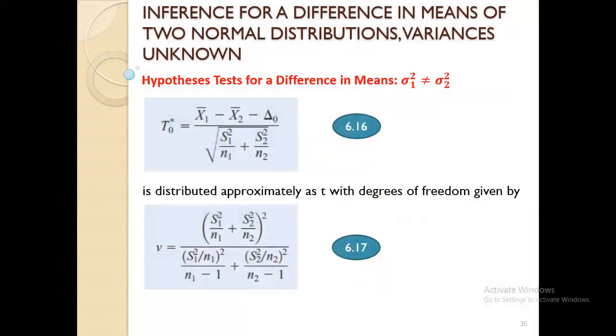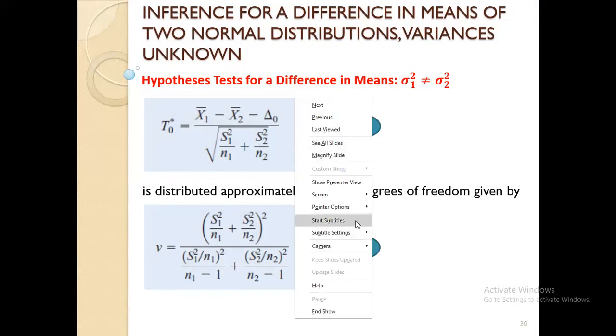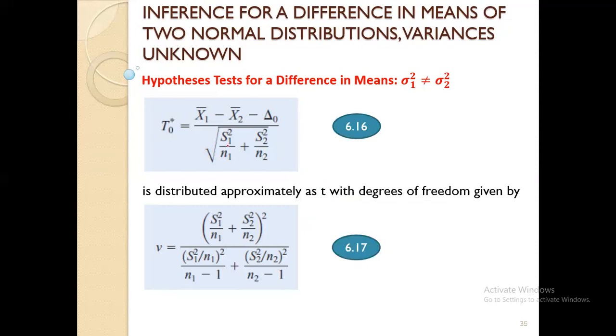And if variance is not equal, right? Usually it's equal. If variance is not equal, the t statistic is a little bit modified. For this case, we use the variance of each sample.